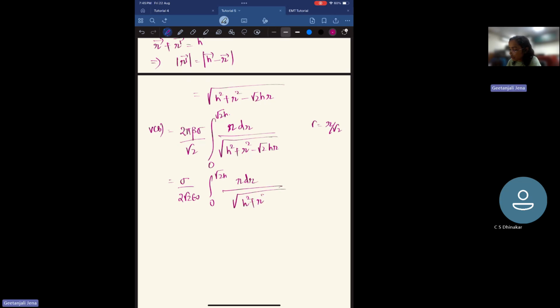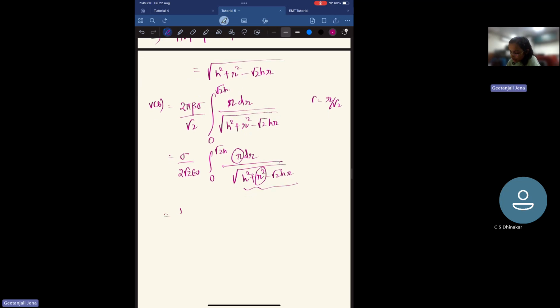what is the trick that you can follow? You can see there is an r here and there is r square here. So if you can somehow take it as x and some derivative of x, then you can easily find out the answer. The derivative of r square will give 2r. So I can multiply by 2 here, so we divide by 2 here and multiply by 2r here.